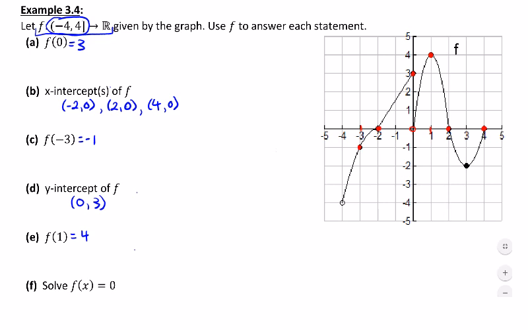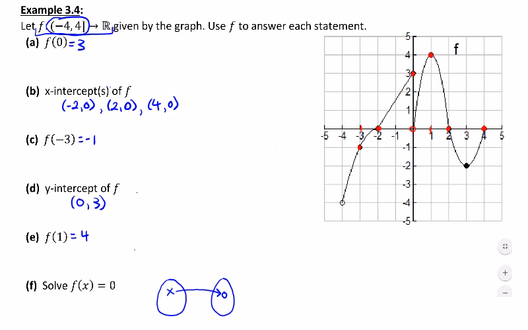And then finally, for part f, we're being asked to solve the equation f of x equals 0. So let me remind you of what we're supposed to be doing here. What this is saying is that we have our x value, which is coming from the first set, and we want that x value to map to 0.